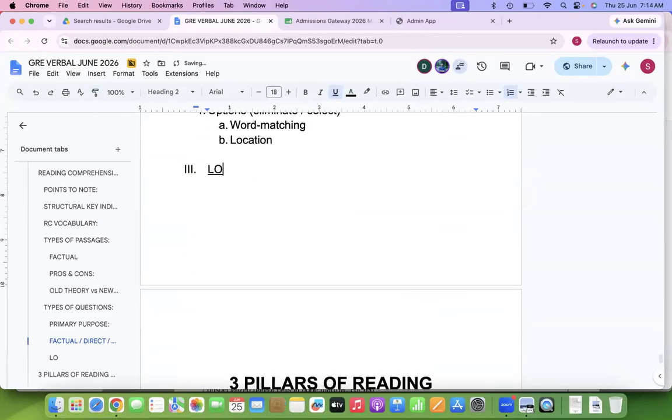We are going to talk about the logical structure question. Some people call this a function question, but I think it's a little more than just a function question. So we will deal with it.